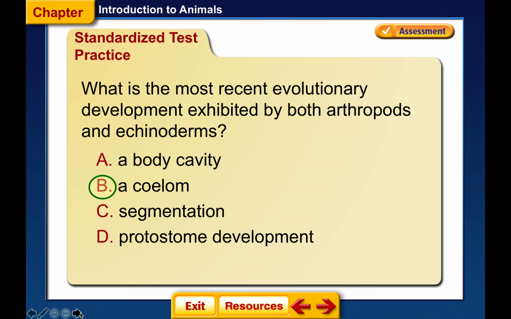The reason for this is because echinoderms are radially symmetrical, and so that implies that there is no head, there is also no cavity. Now, this is not a question I would ask you because this is a little bit further advanced and we really have not talked about our echinoderms.